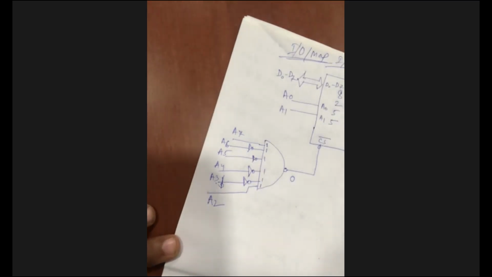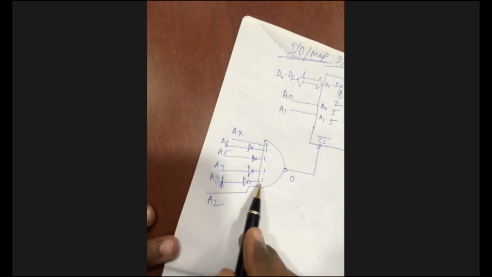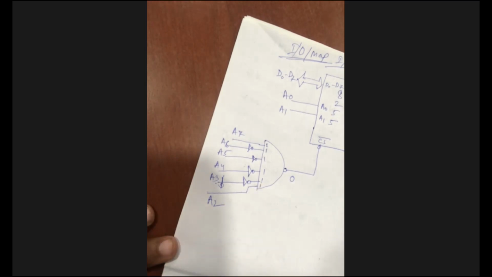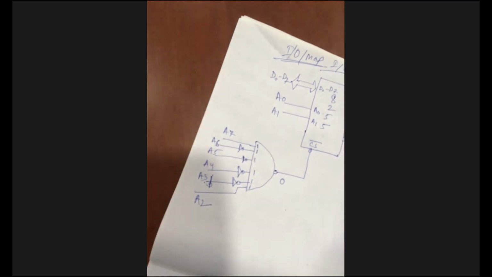The rest are all connected with a NOT gate, so they should be 0. If I give 0, then it will come as 1 because the NOT gate is there. Is it clear or not? Yes, sir. So for port A, what is the value of A0 and A1?